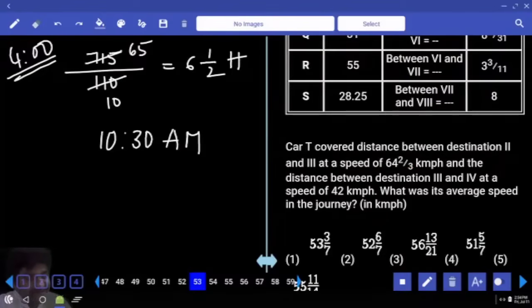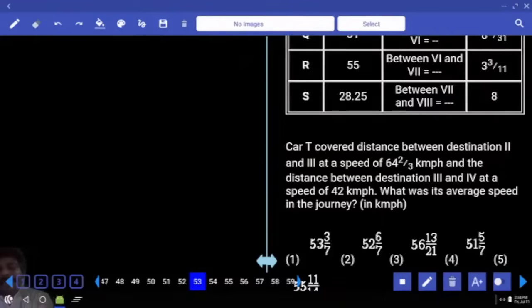Car T covers distance between destination 2 and 3 at a speed of 64 2 by 3 km per hour, and the distance between destination 3 and 4 at a speed of 42 km per hour. What was its average speed? What do you mean by average speed?